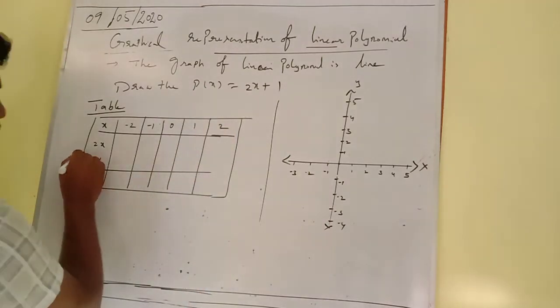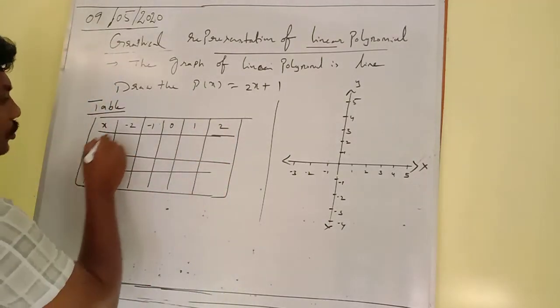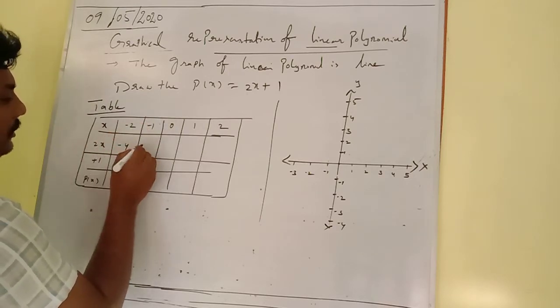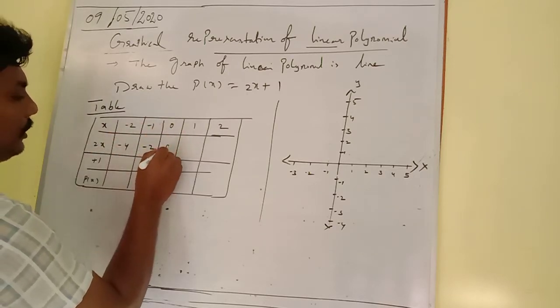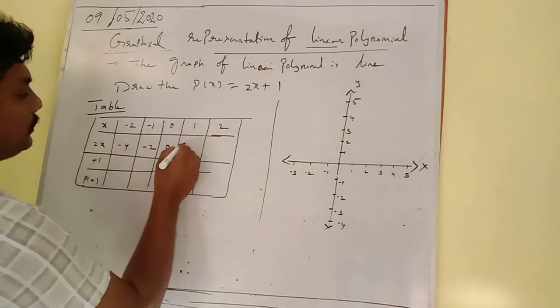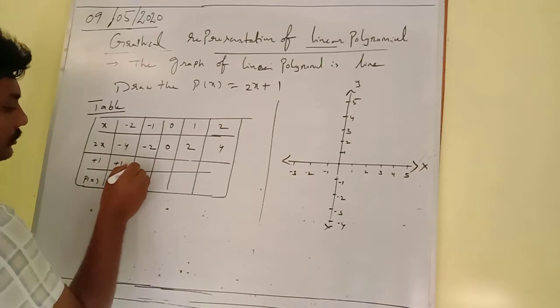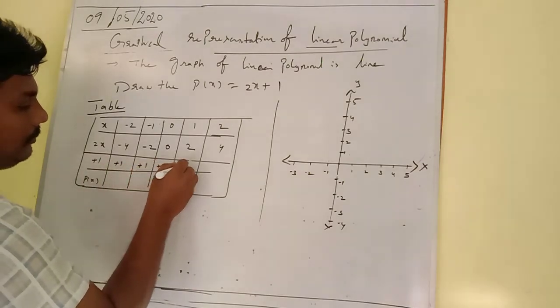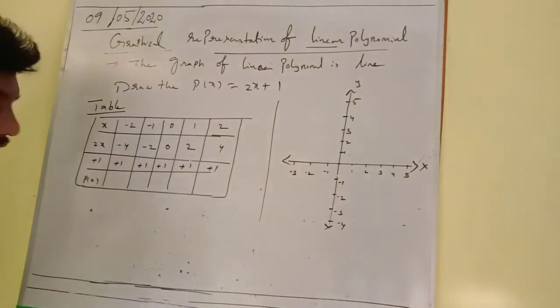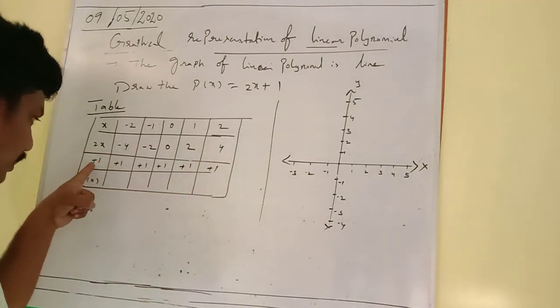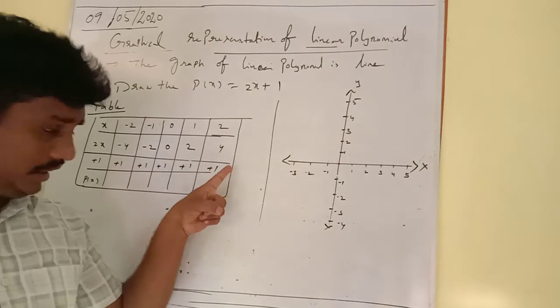Now 2x is 2 into minus 2 which is minus 4, 2 into minus 1 is minus 2, 2 into 0 is 0, 2 into 1 is 2, 2 into 2 is 4. Plus 1 for each, because the constant does not change, while the variable part changes.